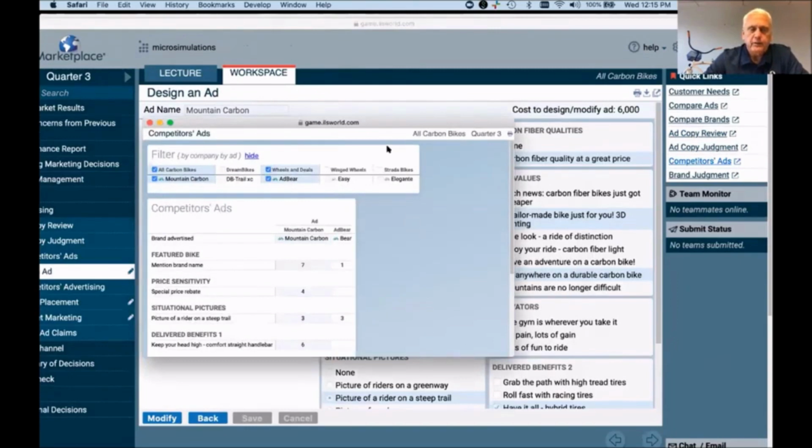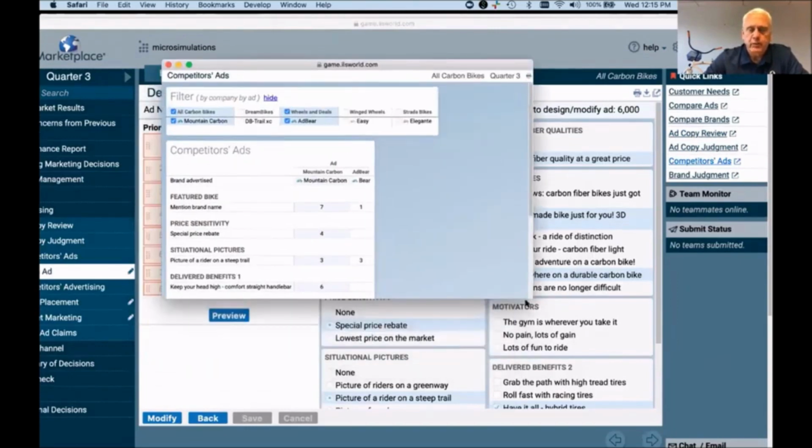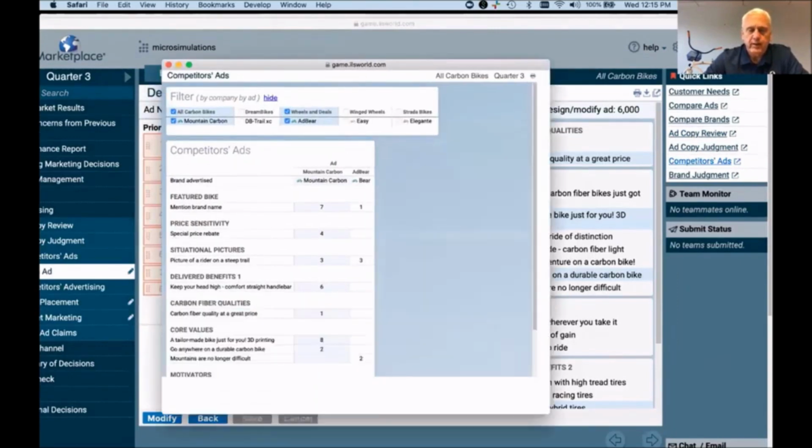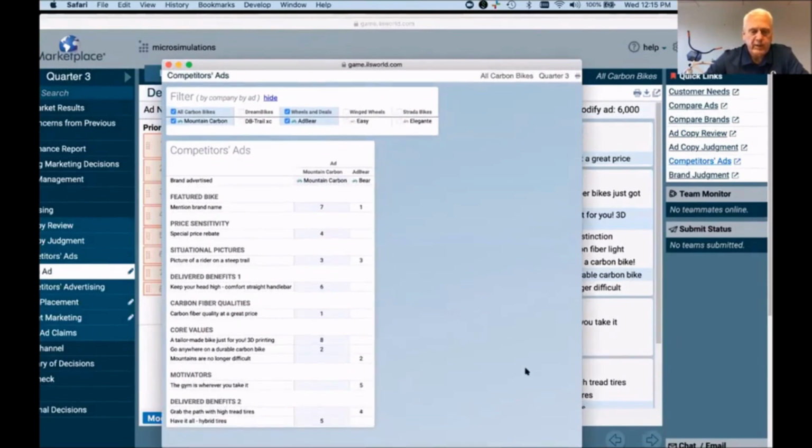This benchmarking is really important, because I can see what that team did. One of the things that's interesting is I had 8 benefits and Ad Bear only had 5. So I could be guilty of advertising clutter, and I need to keep that in mind. I put too many things in there.